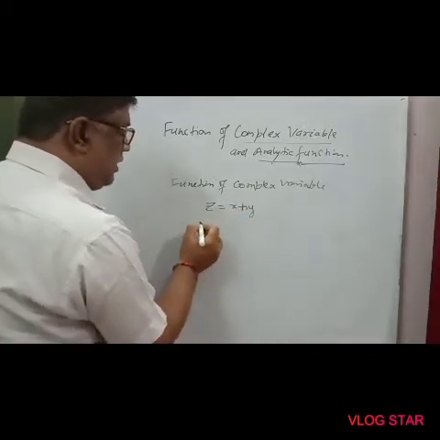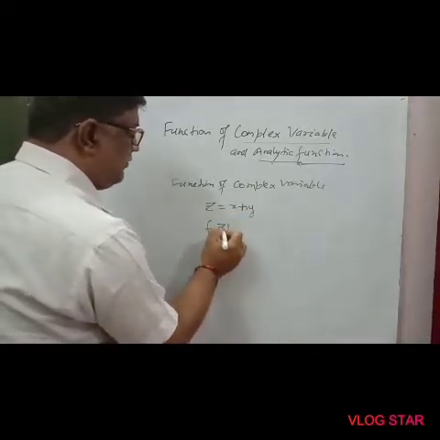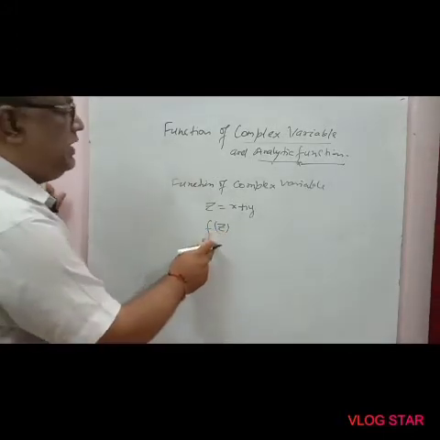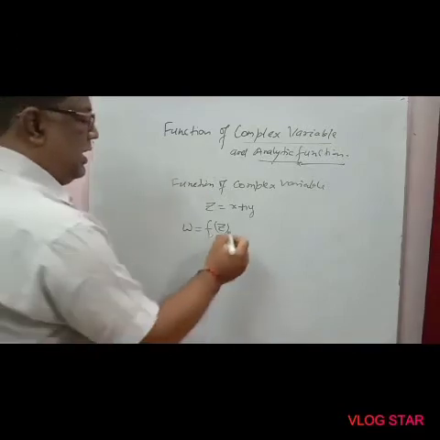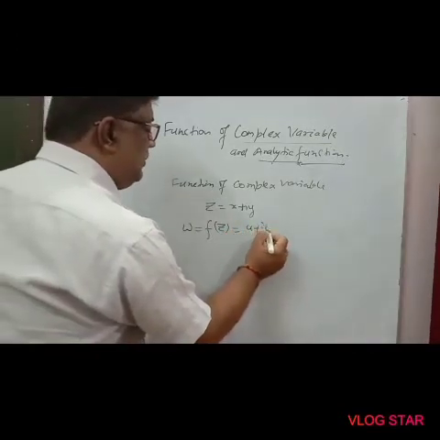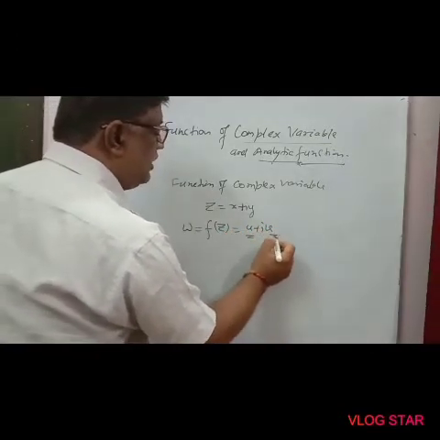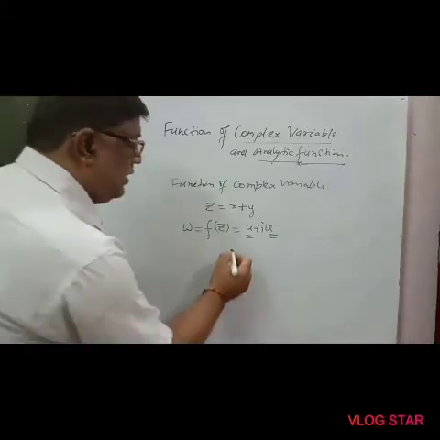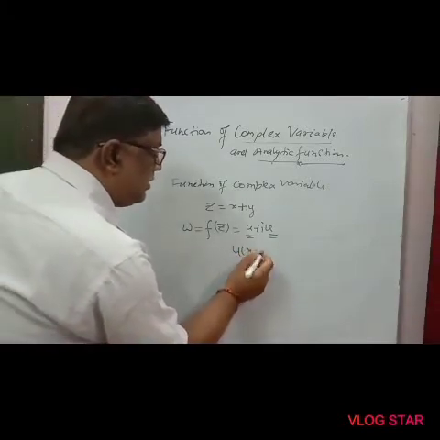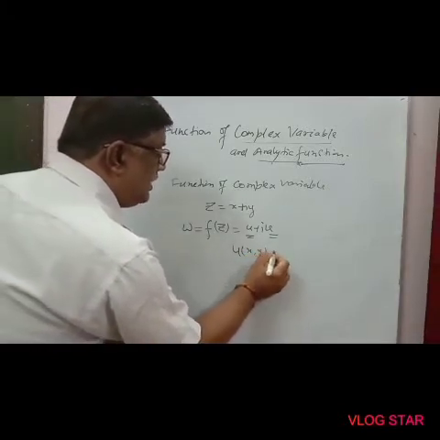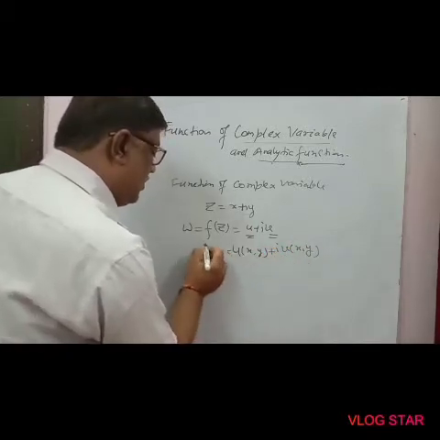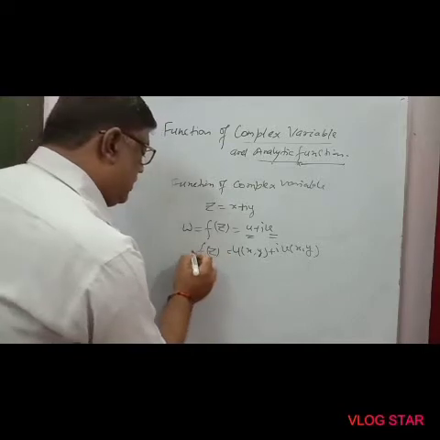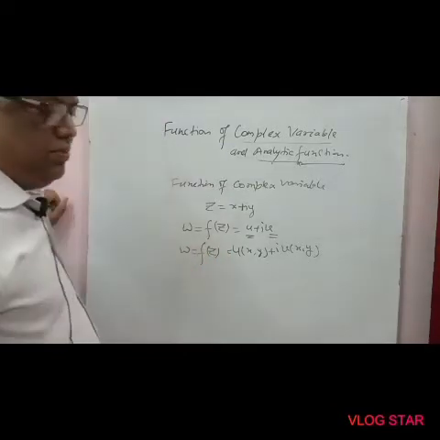Then f(z) is the function of a complex variable. It is also denoted w, and f(z) is equal to u plus iv, where u and v both are functions of x and y: u(x, y) plus i v(x, y). This is the function f(z), and it is equal to w.